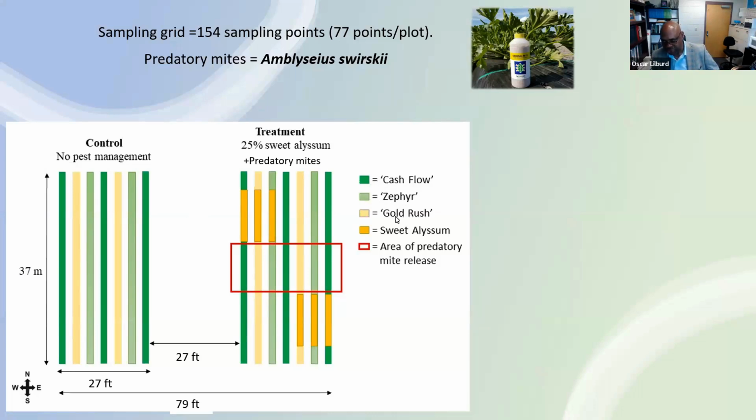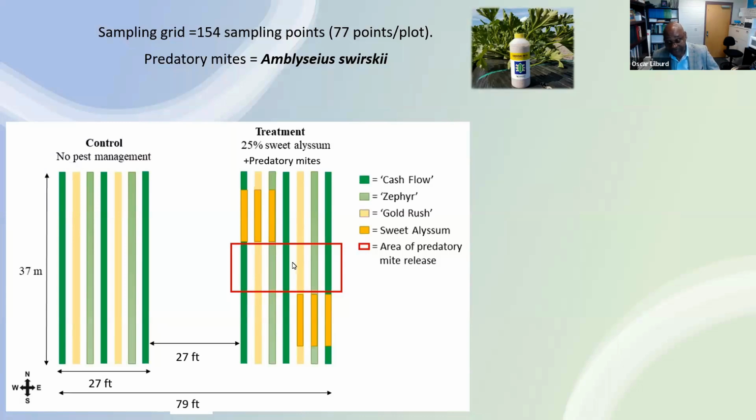The Gold Rush was in a lighter yellow, and the sweet alyssum was in a dark yellow. The area on the right-hand side of the layout, marked in red, indicates where we released the predatory mite, Amblyseius swirskii.